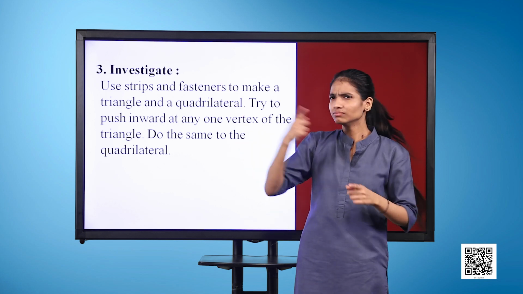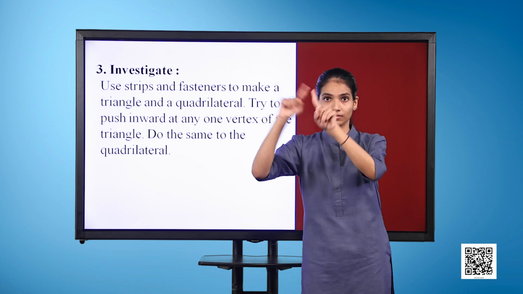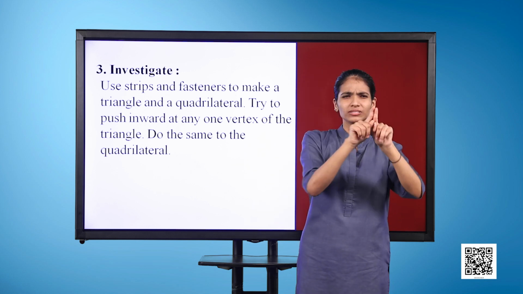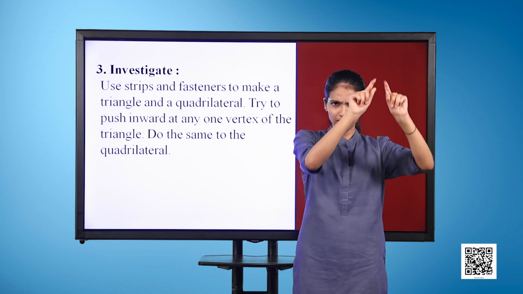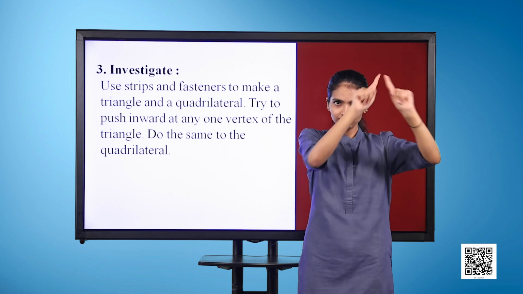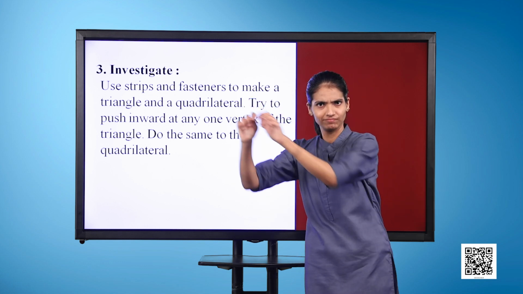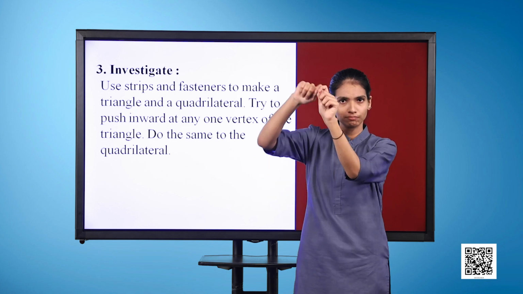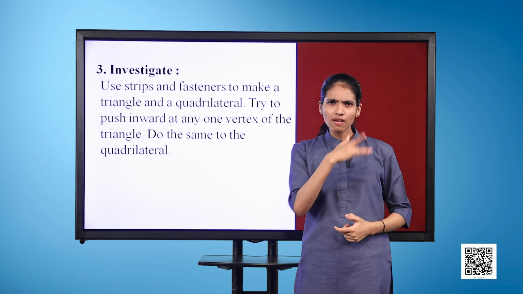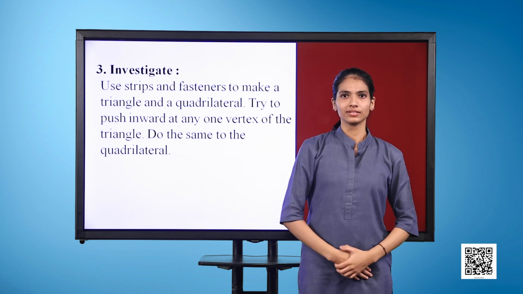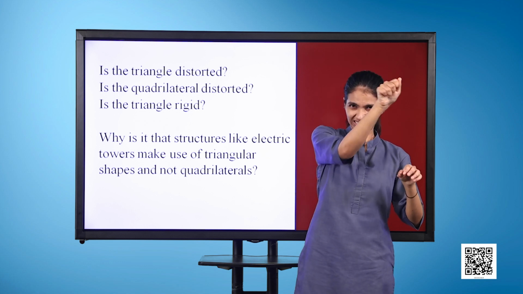3. Investigate. Use strips and fasteners to make a triangle and a quadrilateral. Try to push inward at any one vertex of the triangle. Do the same to the quadrilateral. Is the triangle distorted?